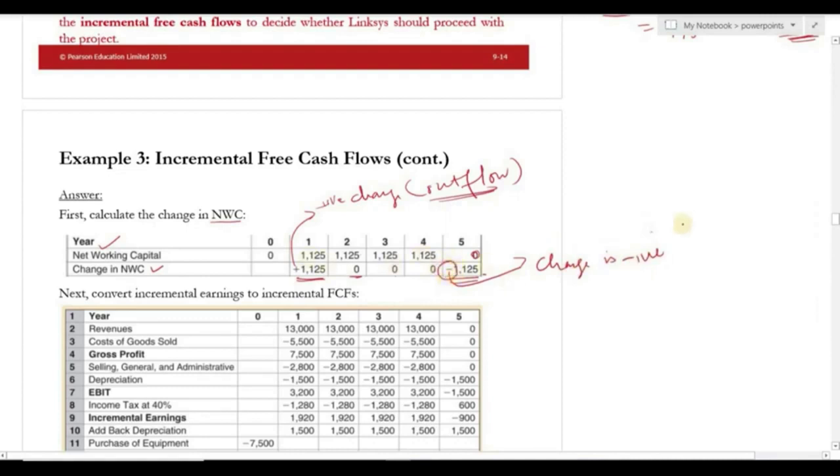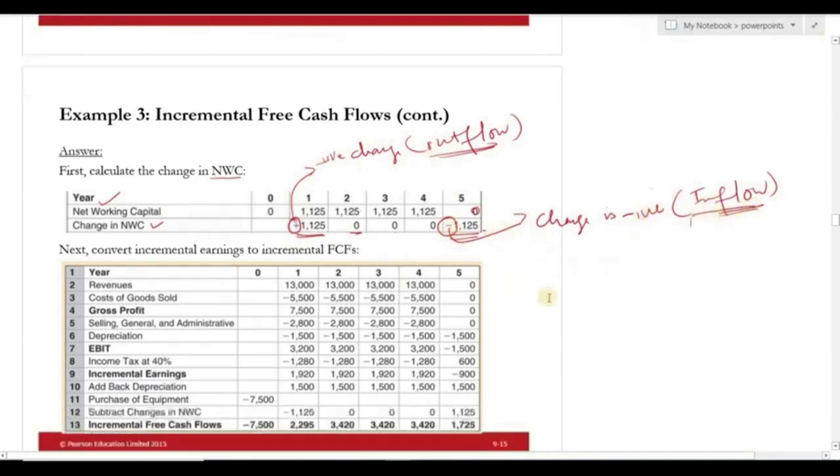If it is negative, it means an inflow. Don't get confused with the sign. This positive means positive change, but it is an outflow because it has been added. And negative means that it has decreased, right? So decreased means it will be an inflow.